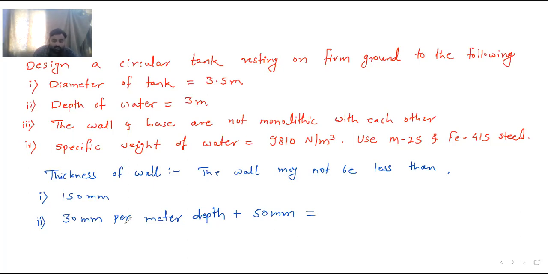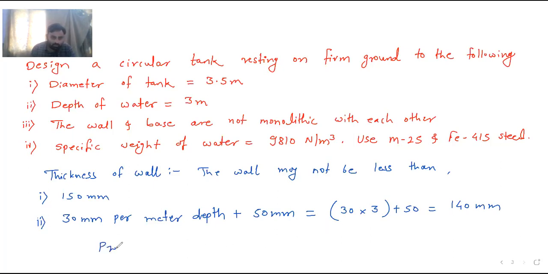Okay, so I will do the calculation here. You can see now 30 mm per meter. So for 1 meter 30 mm, for 3 meter 3 into 30, plus 50 mm. So it works out to be 140 mm. So the greatest is 150 mm.